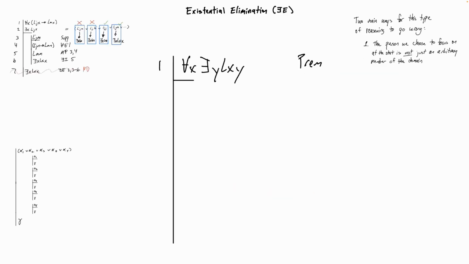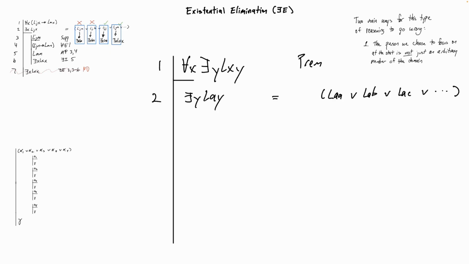Here's another example. Suppose that we have the premise for all x, there is a y such that Lxy. Everyone loves at least one person. Now let Alex be some member of the domain. From the premise, we can conclude that there's someone that Alex loves. So far, so good. That existentially quantified statement can be seen as like a big disjunction.